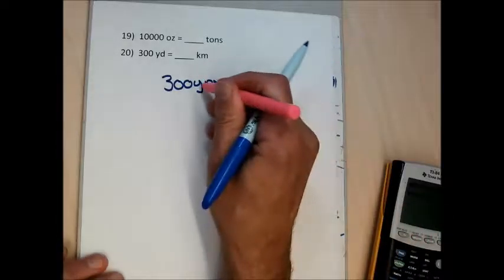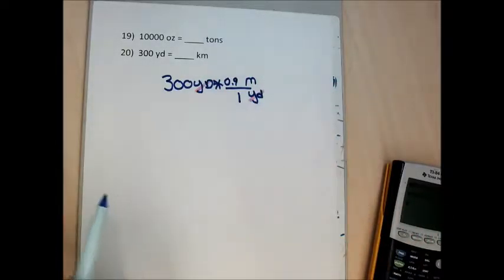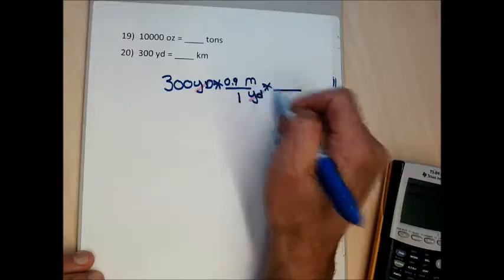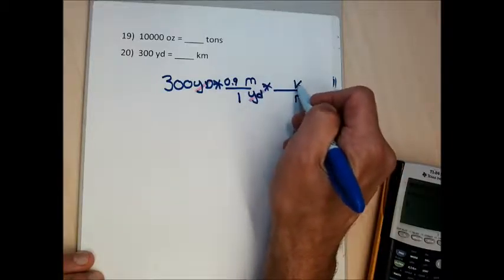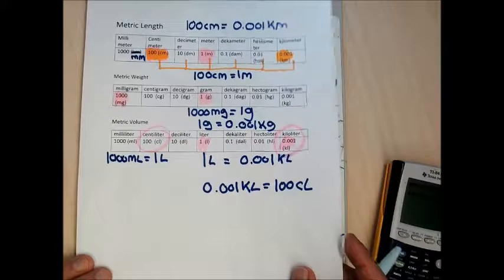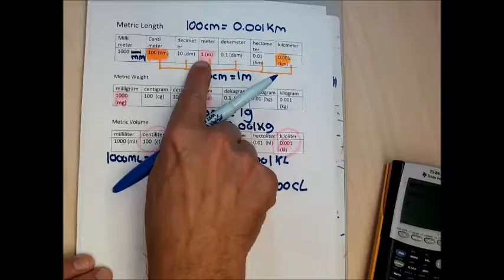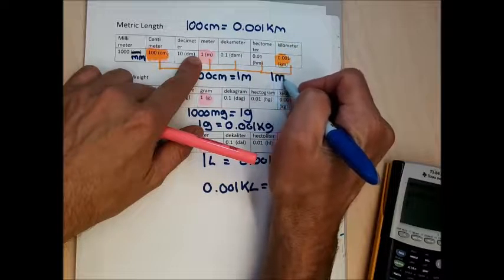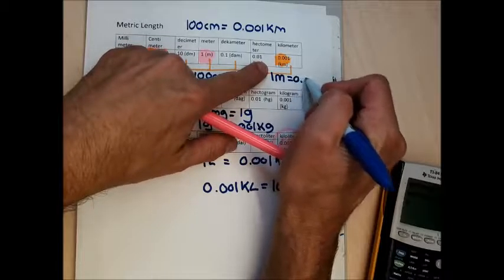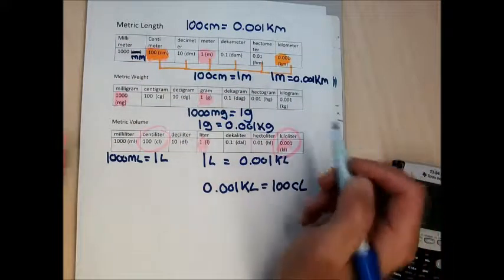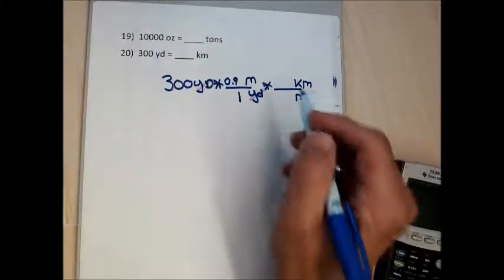Now in my problem 20, I'm out of the world of yards into the world of meters. I want to get out of meters and into kilometers. I get out of meters and into kilometers by finding a relationship between meters and kilometers, and the relationship that I'm going to use is 1 meter is 0.001 kilometers.